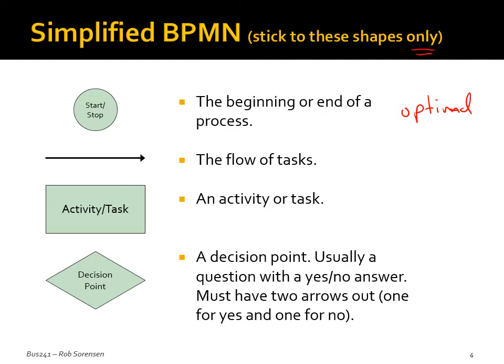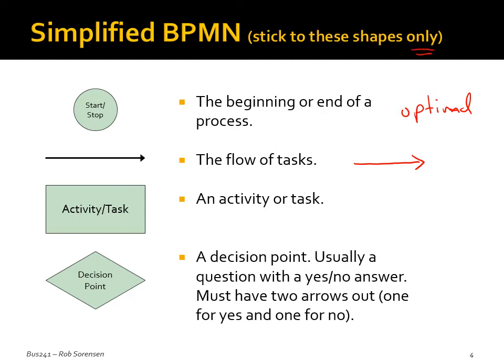Sometimes it's obvious and you don't really need it. Then the other three are the main ones. We've got arrows for the flow of tasks. So that tells us, what step do we do next? We've got activities, or tasks, and those are rectangles with the name of the activity written inside.